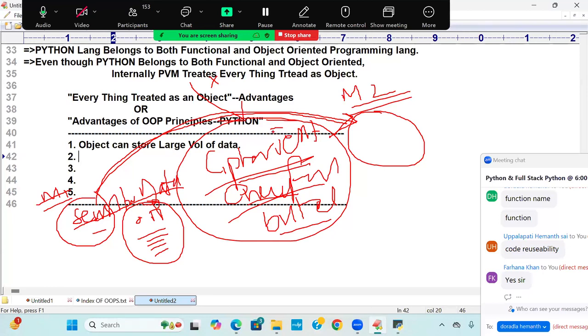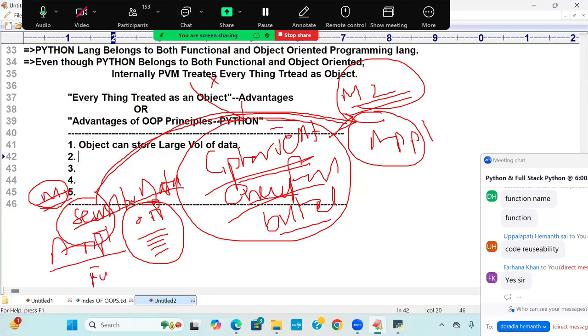How is it possible? Suppose my machines M1 and M2 each have an app. These two apps are developed using what? A functional programming language like C. If I use C here, the C language will send the sensitive data as it is over the network.